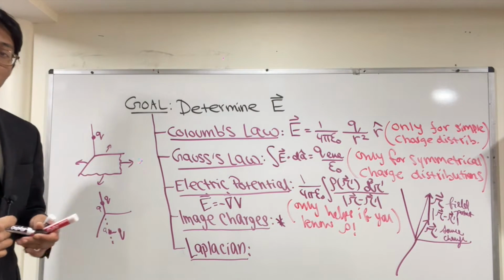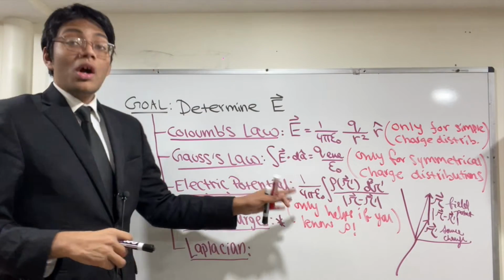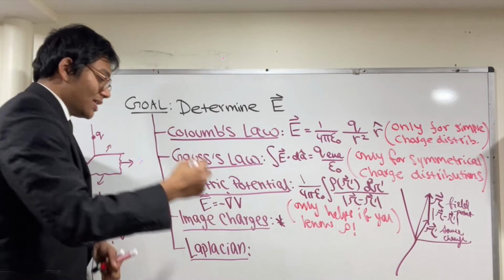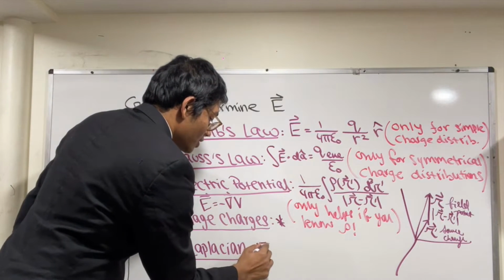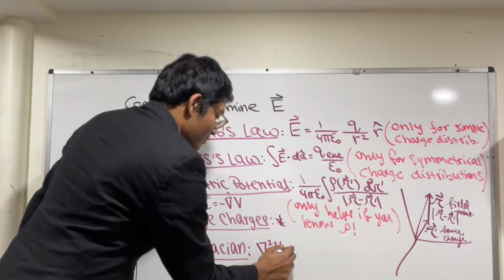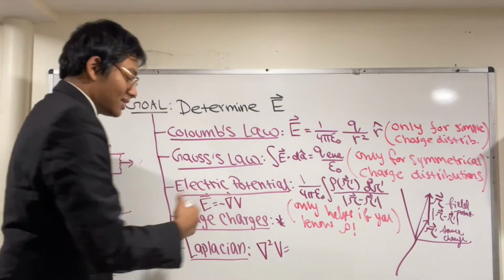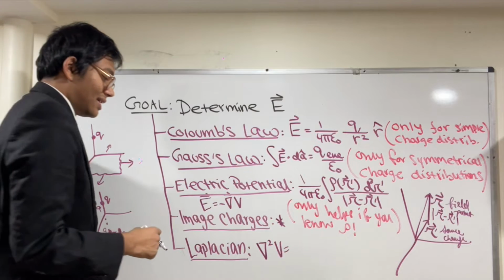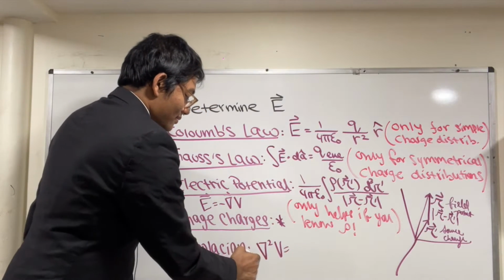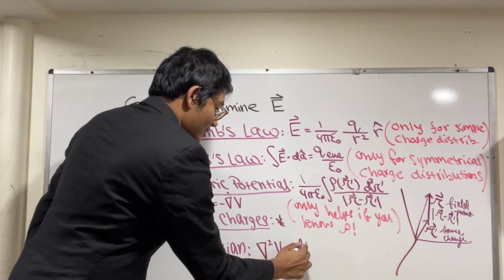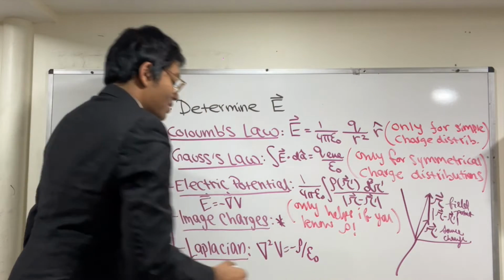So let's talk about what those bounds are. When you don't know rho, this is when the Laplacian can come in handy. The Laplacian is simply Poisson's equation, which states that the second derivative of V, I know this is not the partial derivative, but let's just keep the math simple here, the second order derivative of the electric potential is minus the volume charge density over epsilon naught.